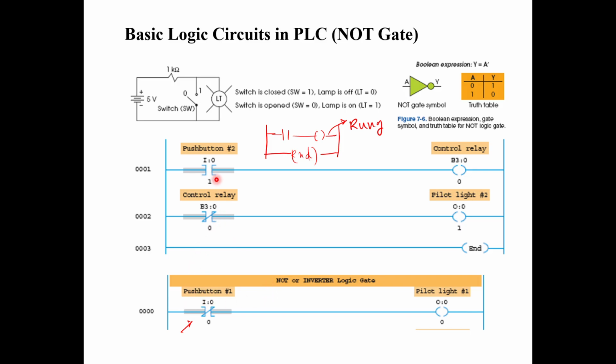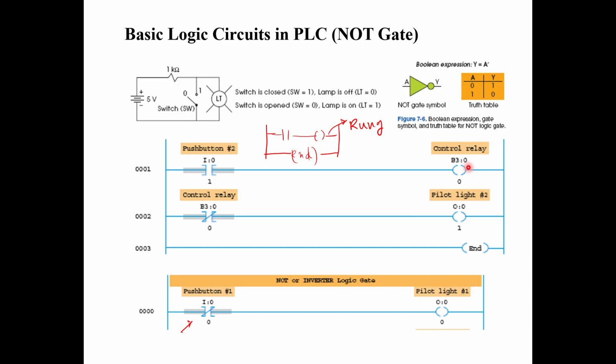You can also program it in a different way. Instead of this, if it is a normally open type of switch, you use it as a normally open type of switch, and then you use an internal contact which is not connected to anything outside. B stands for internal use. B3 in Allen Bradley stands for internal use. You use it as B3:0, a virtual contact not connected to any physical system.